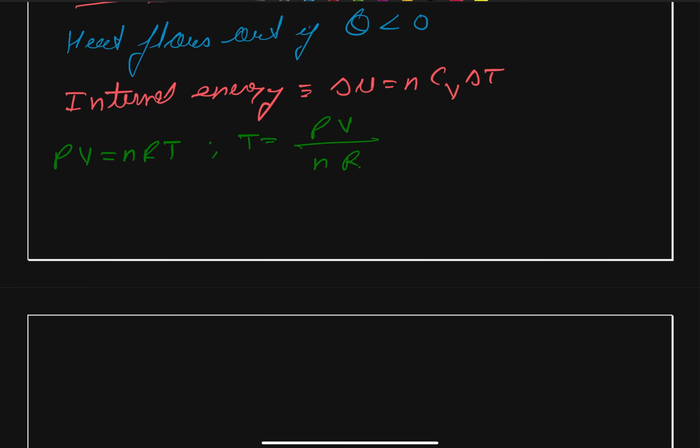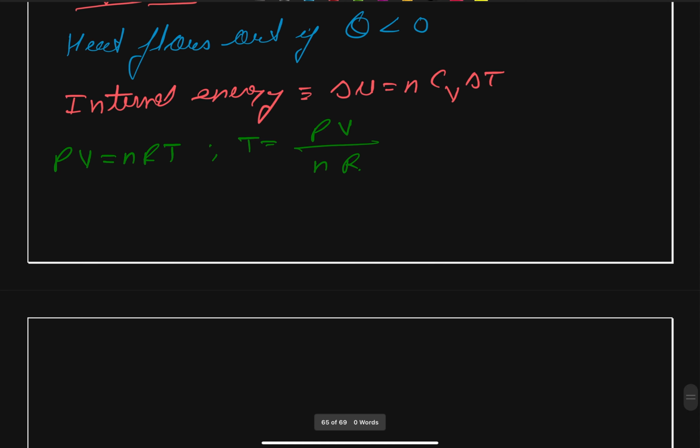We have 3 points, B, C and D. Let us do it at B. PV at B will be equal to 2 multiplied by 3, which is 6. Therefore the temperature at B will be equal to 6 upon nR.